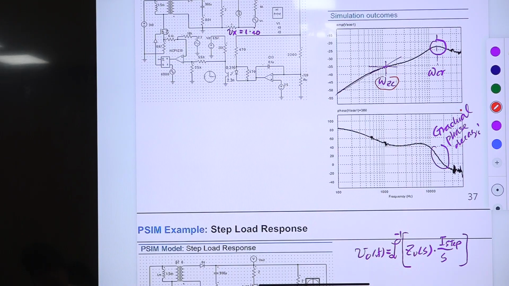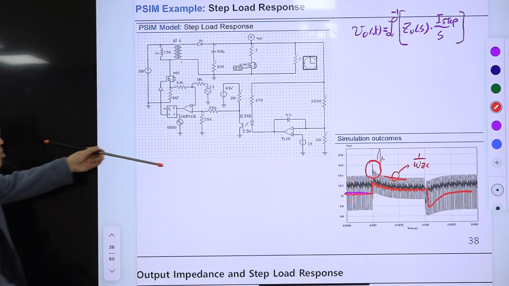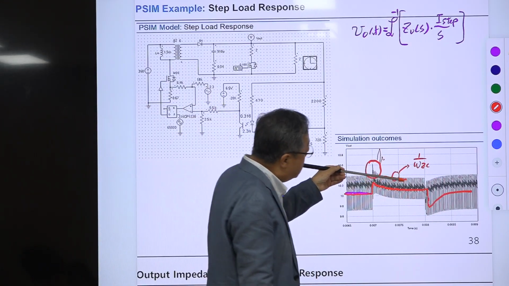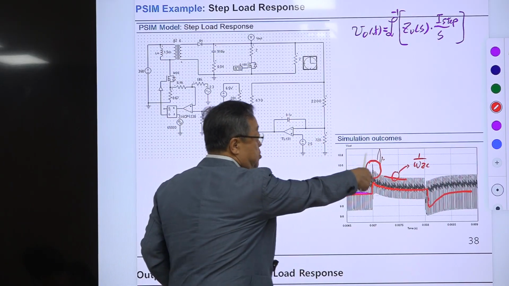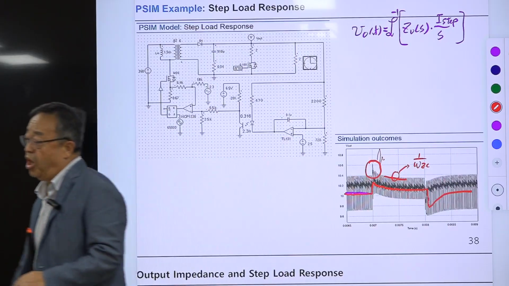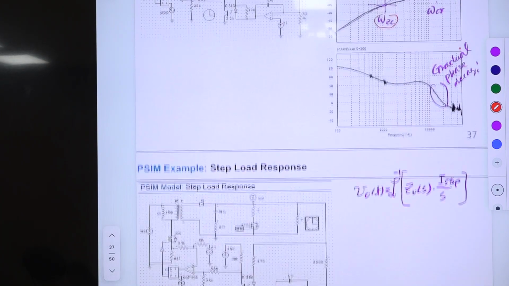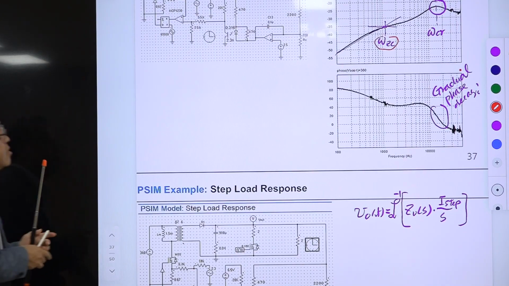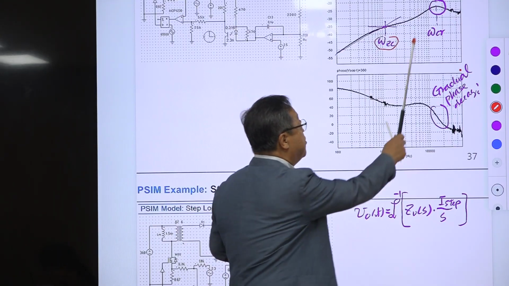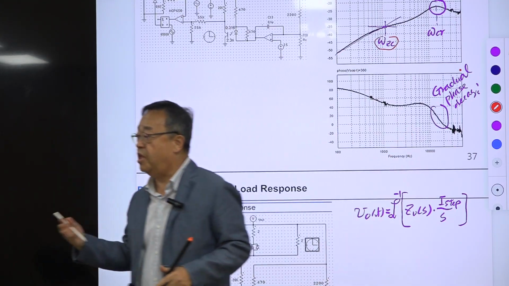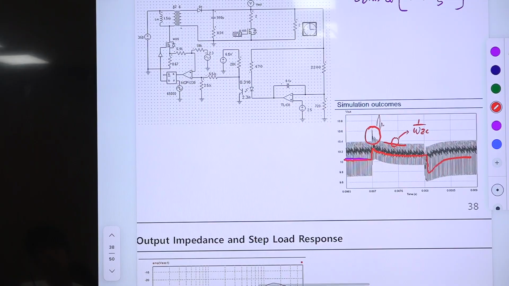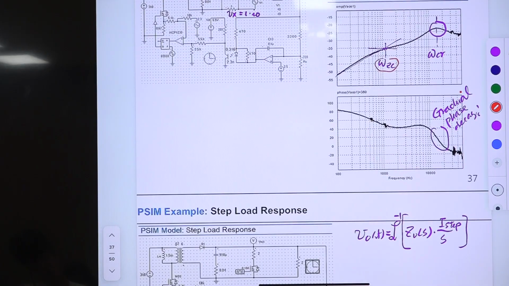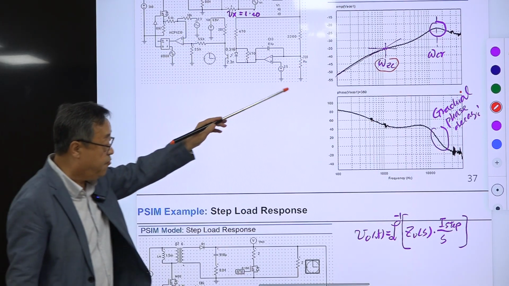So this determines the time constant of this exponential decaying waveform. And this first small oscillatory behavior is coming from this part, and the frequency of that decaying, temporary oscillation is estimated from this frequency. They should be the same frequency.